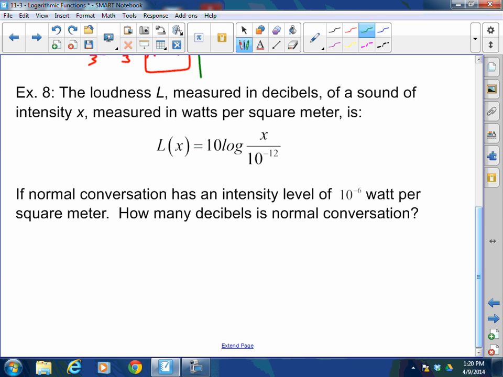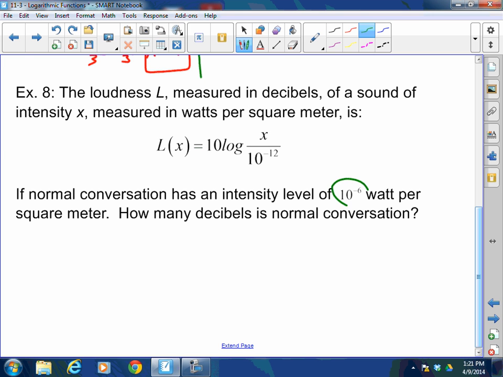This is how we get decibels, how loud something is. If a normal conversation has an intensity of 10 to the negative 6 watt per square meter, how many decibels is a normal conversation?